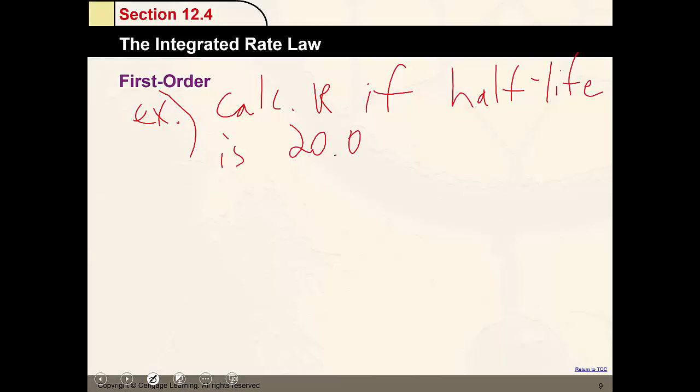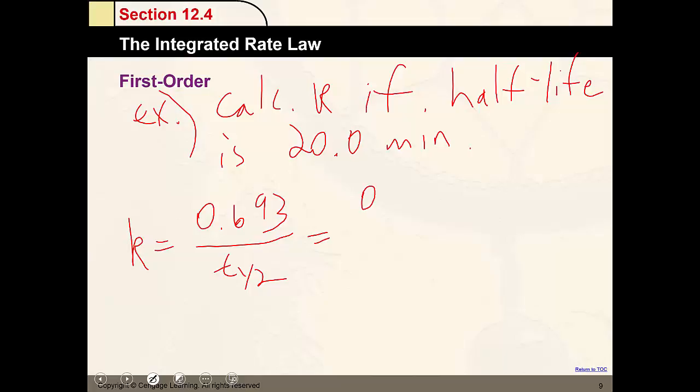And normally you'll be given the half-life in seconds. However, you could be given it in minutes or hours. Just keep in mind that will affect your units of k. So if we rearrange the half-life equation and solve for k, now k is equivalent to 0.693 over the half-life. So in this case, 0.693 over 20 minutes.